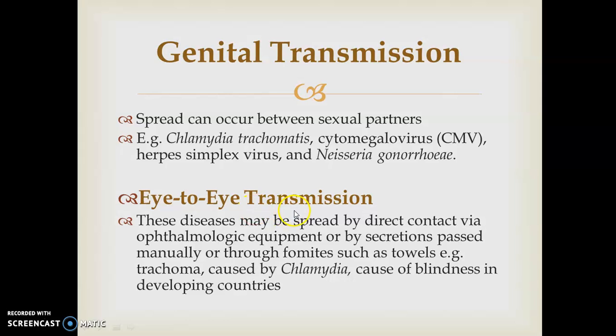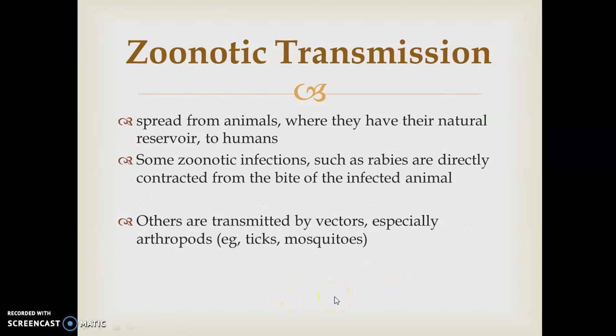The other is eye-to-eye transmission. These diseases may be spread by direct contact through ophthalmologic equipment or by secretions passed manually or through fomites such as towels. For example, trachoma caused by Chlamydia, which causes blindness in most developing countries.